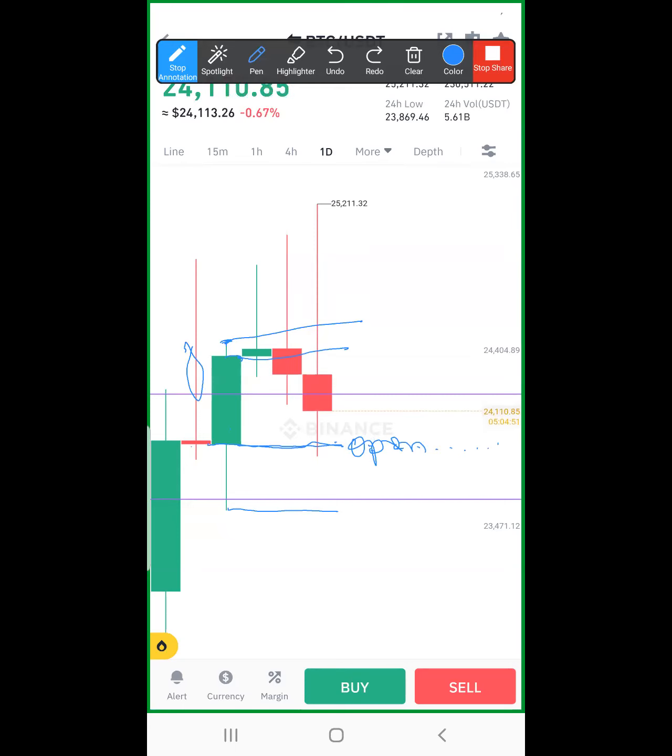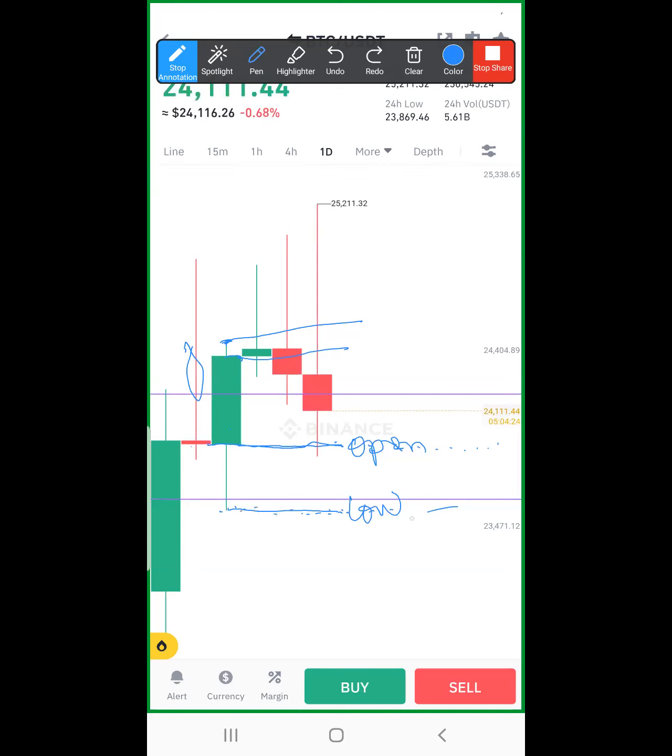Then the price that day dropped, meaning sellers were many that day and they sold off, and then they even reached this price. So we call that a low. And then the buyers realized, hey, Bitcoin is low.